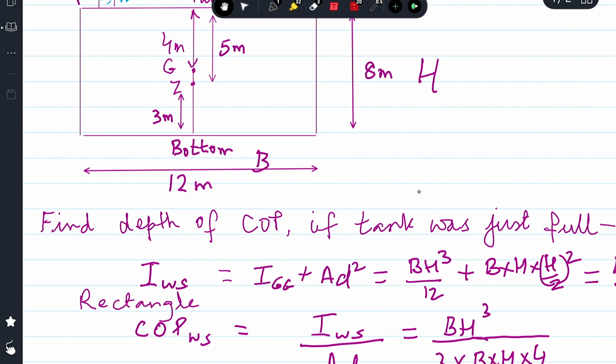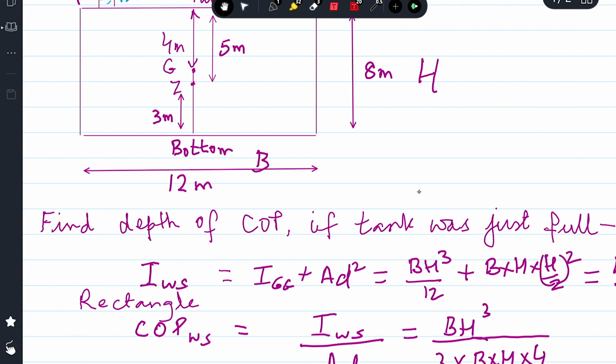The theorem of parallel axis says that if you know the moment of inertia about the axis passing through the centroid, called IgG, then if you want to find the moment of inertia about any other axis which is parallel to the axis passing through the centroid, we have to add the area multiplied by the square of the distance between the two axes.